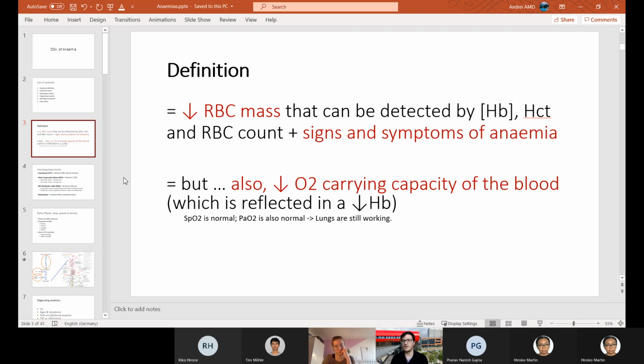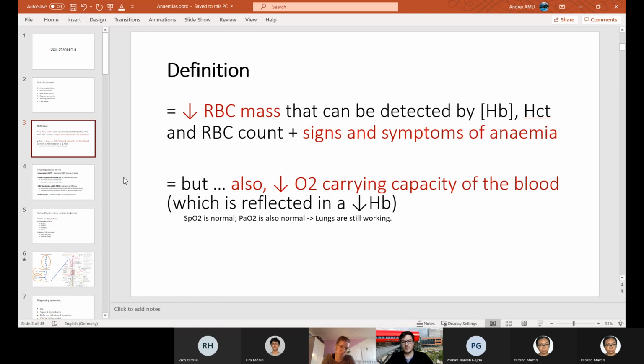We can also look at the hematocrit or the red blood cell count. So those are all together indices that will tell us whether the patient has a decreased RBC mass. And it's important to also determine whether the patient has or hasn't got any signs and symptoms of anemia. We'll be talking about that a little bit later.